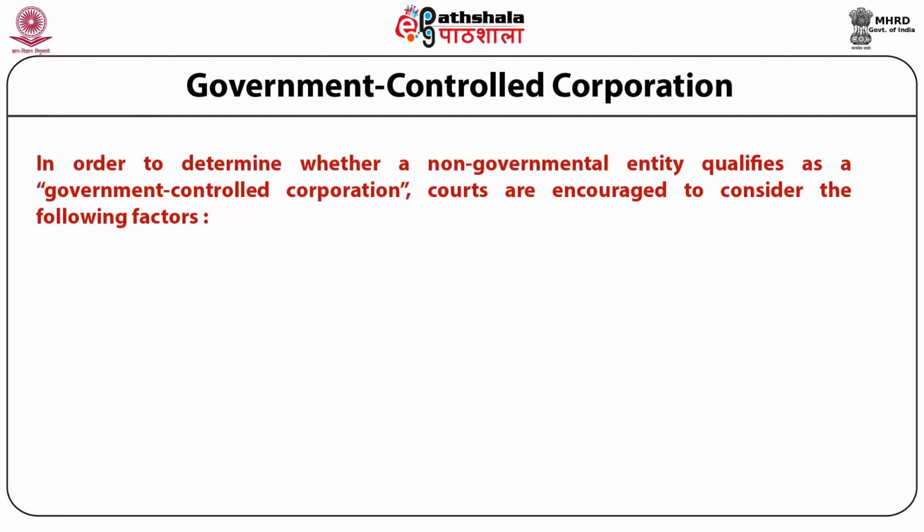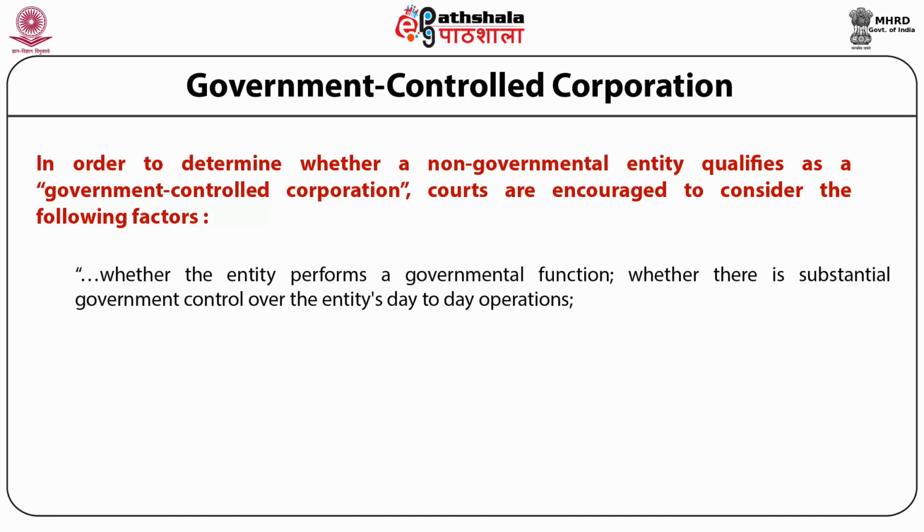In order to determine whether a non-governmental entity qualifies as a government-controlled corporation, courts are encouraged to consider the following factors: whether the entity performs a governmental function, whether there is substantial government control over the entity's day-to-day operations. So essentially, you have a lot of private companies now in the United States, solar energy being one such field in the US, where the government is actually funding them heavily, right?